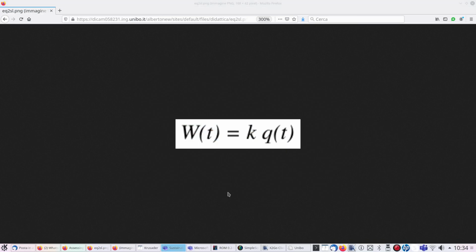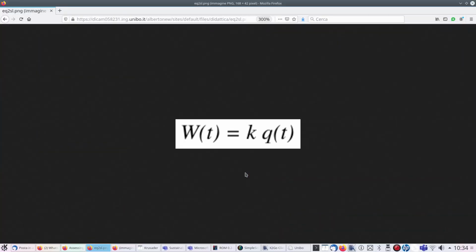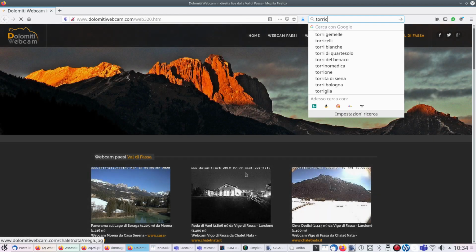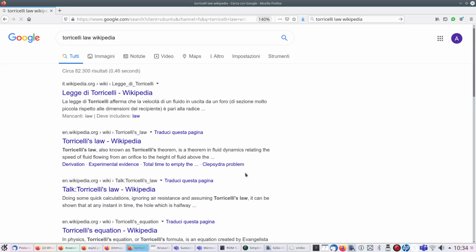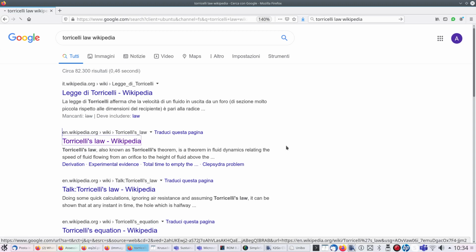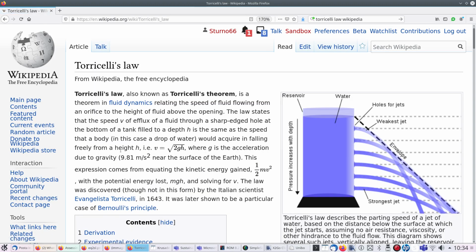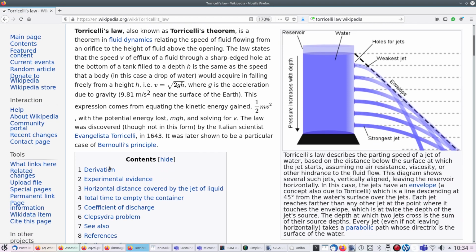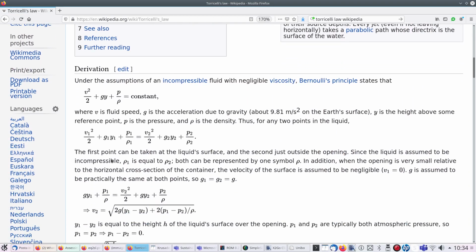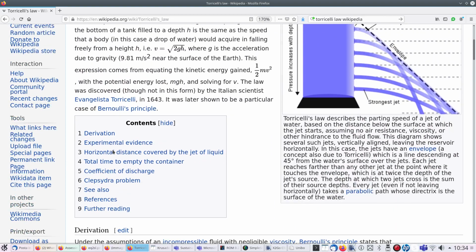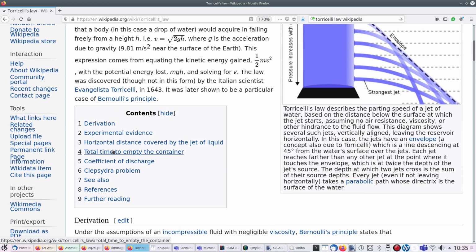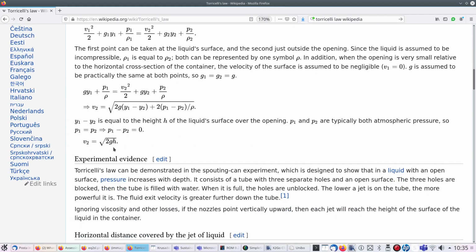Let me look on the web. Torricelli's law, Wikipedia. Here is Torricelli's law. I'm not interested in the derivation, but let me see if there is a simple expression.